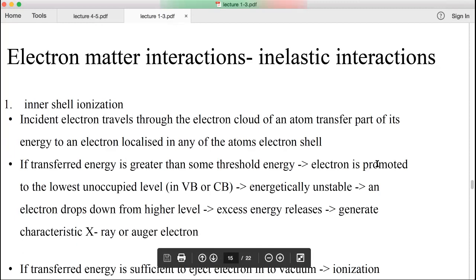Inner-shell ionization means the incident electron travels through the electron cloud of an atom and transfers part of its energy to an electron localized in any of the atom's electron shells. What happens? The electron goes into the electron cloud of the atom and interacts with an electron localized in an atomic shell.